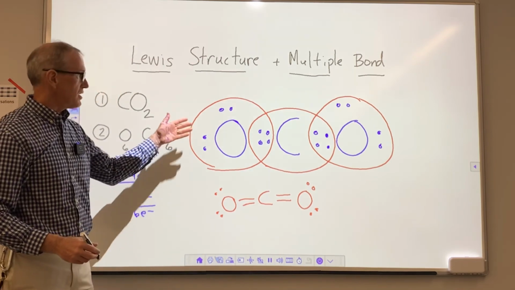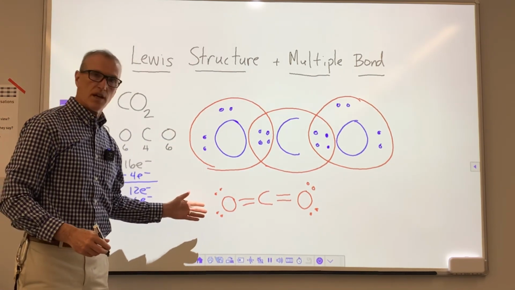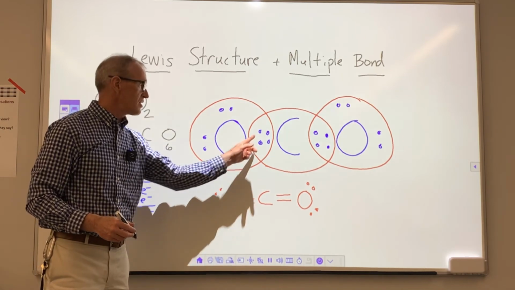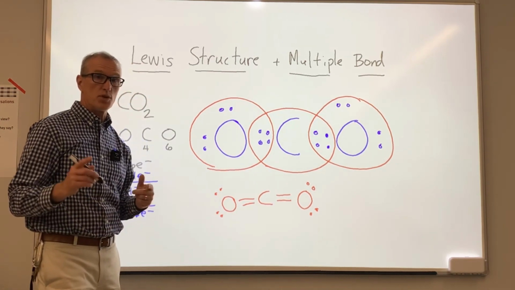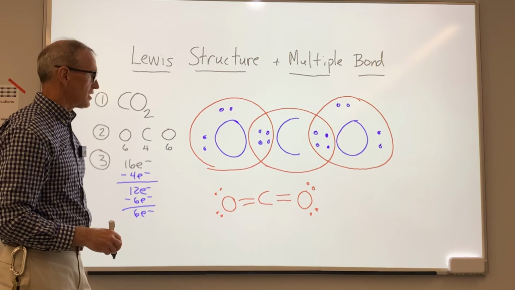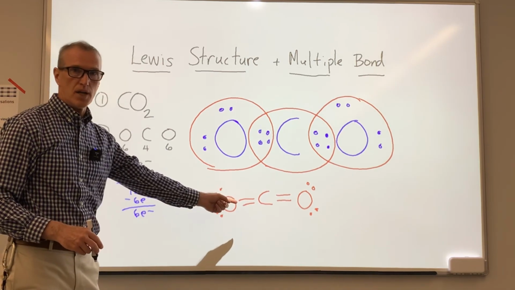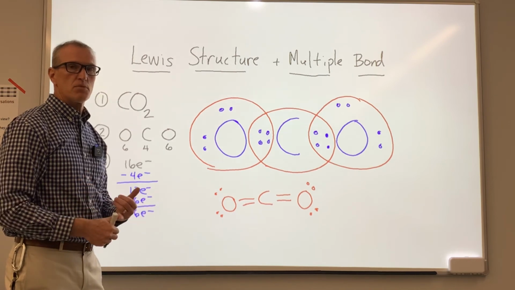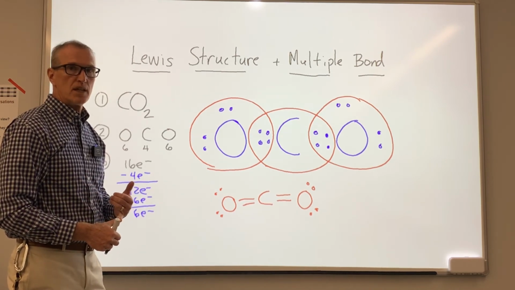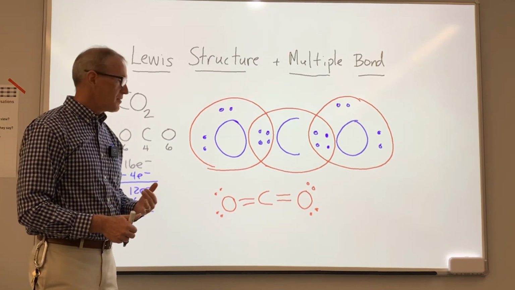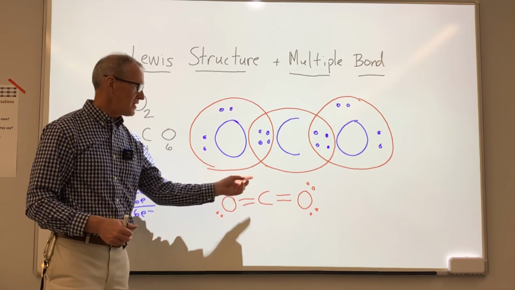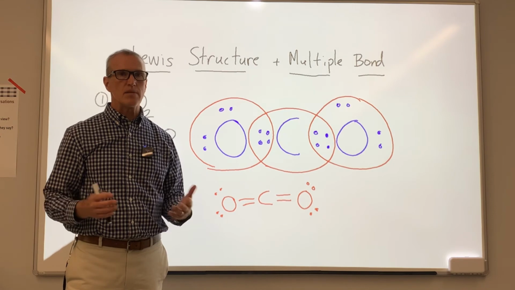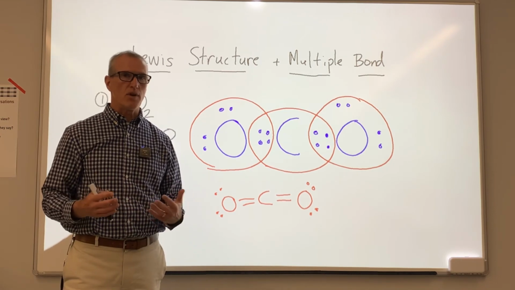So here's the Lewis structure, and here's another example of a Lewis structure simplified to use lines rather than jelly beans or dots to show the valence electrons and the bonded pairs. So there you have it. Nitrogen was an example in the previous video of a triple bond, and here we see an example of a double bond.